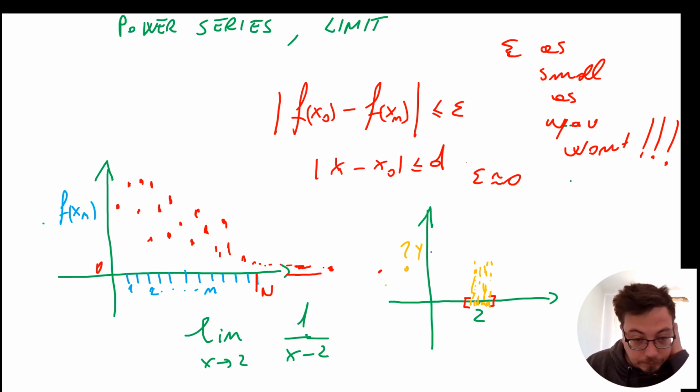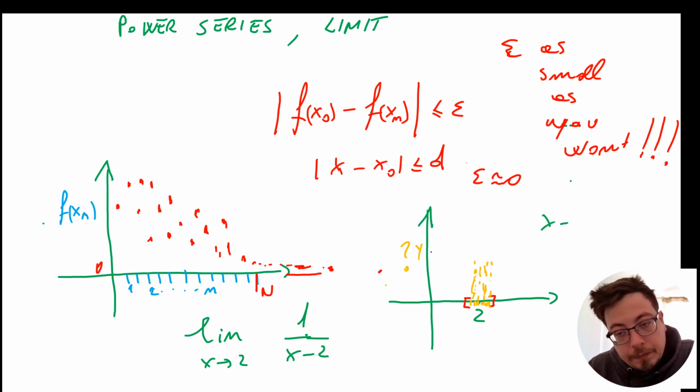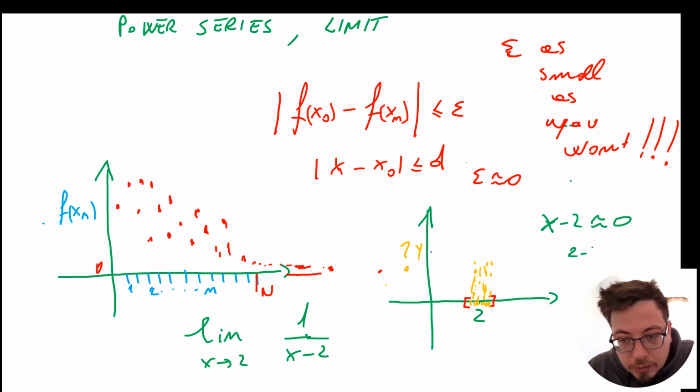But here's the thing: when you go close to 2, x minus 2 is basically 0. Because if you replace 2 in your function, 2 minus 2 is exactly 0.